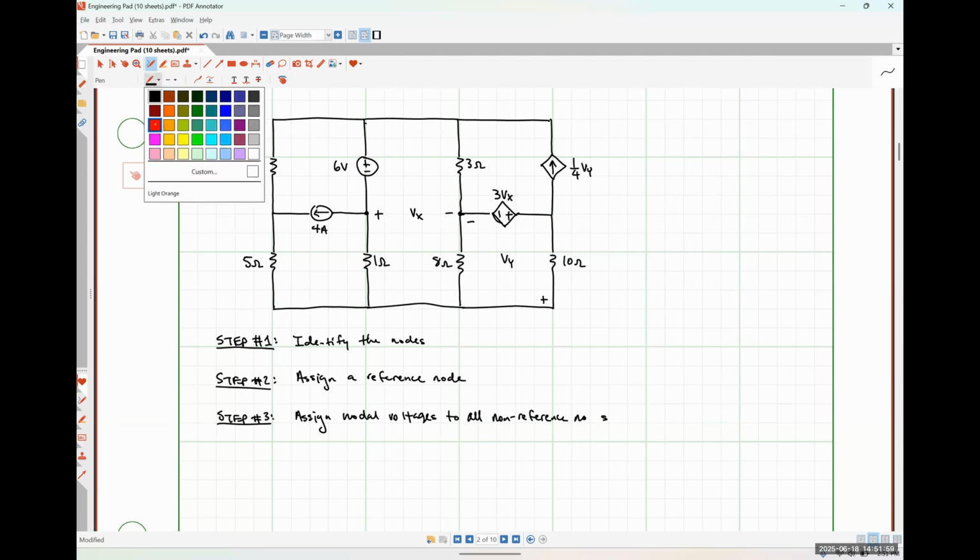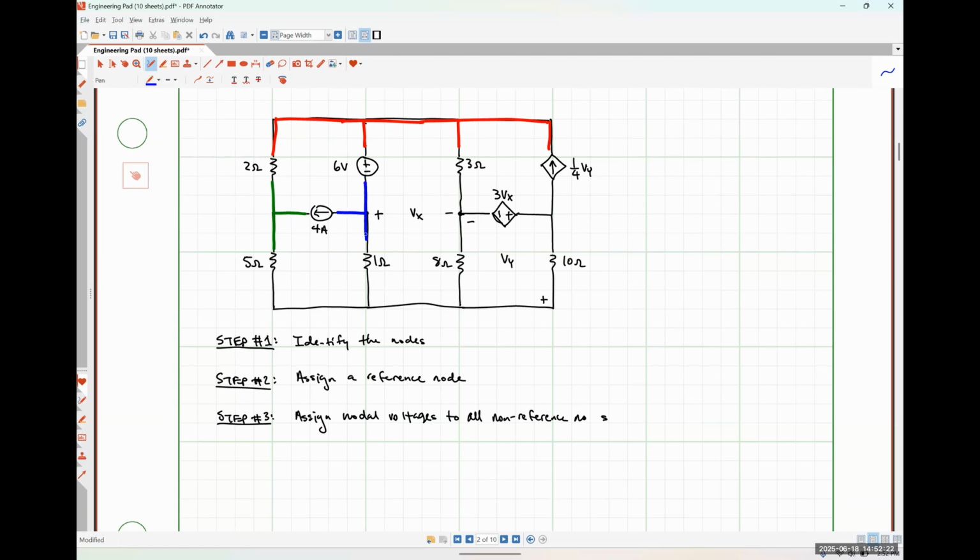So identifying my nodes, I've got this guy on top, which is going to be in red. I've got this guy on the middle left in green. This guy towards the middle in blue.